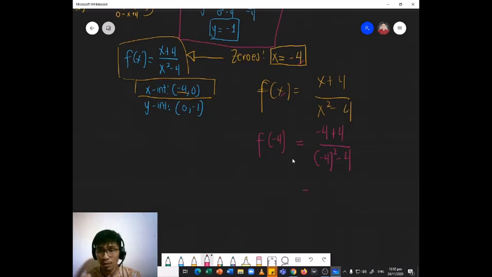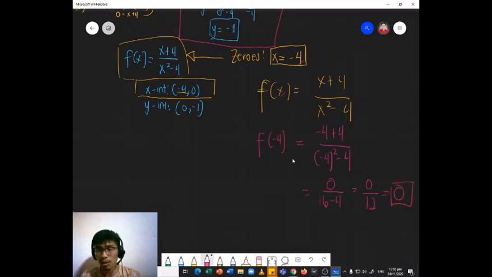And keep on simplifying. Negative 4 plus 4, that is 0. And negative 4 raised to the power of 2, that is 16, minus 4. That is now 0 over 16 minus 4, that is 12. And 0 divided by 12 is 0.